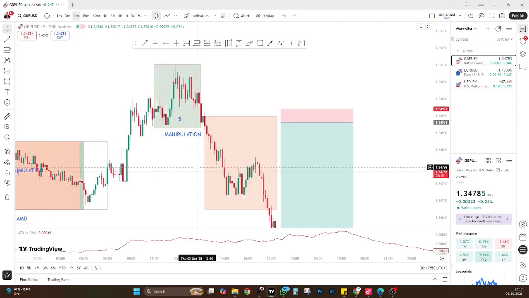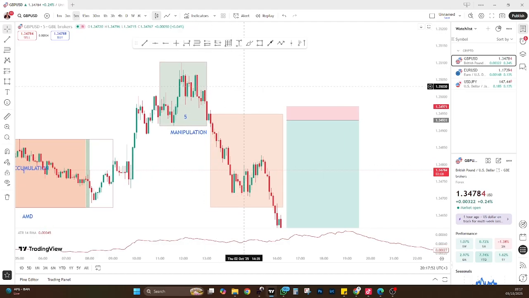So I'm saying the market makers don't want you to make money, so they might not come back to this order block. So if you enter the market with a retest, there are some trades that will lose.